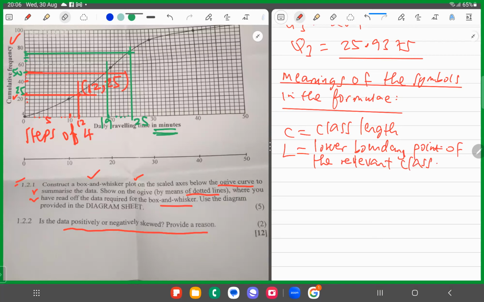And then now you have N, which is the total frequency.